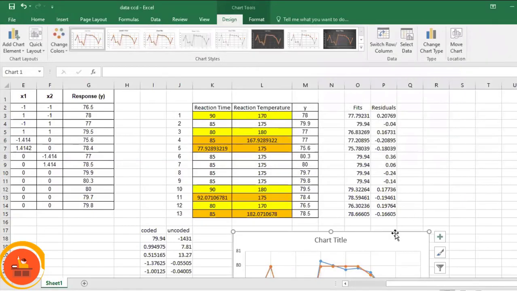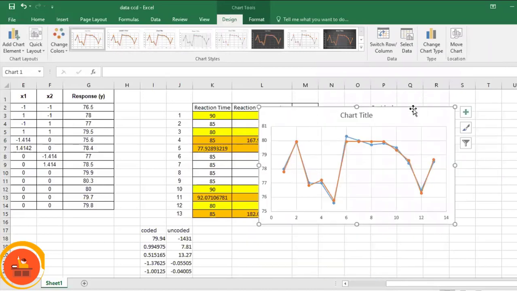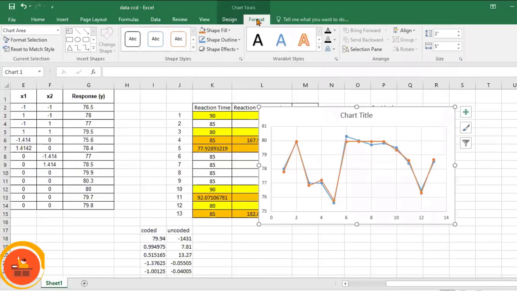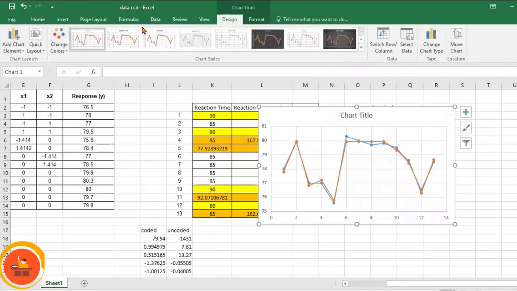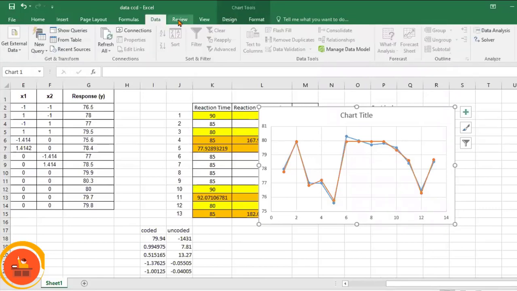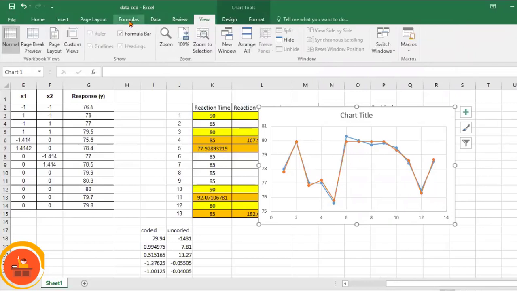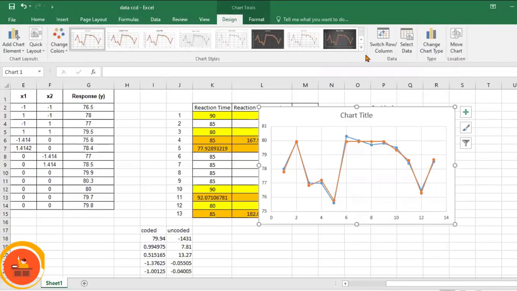Now you can see the graph also here, very close to the graph. Here in this graph again we can highlight, I think in the data review view, somewhere.